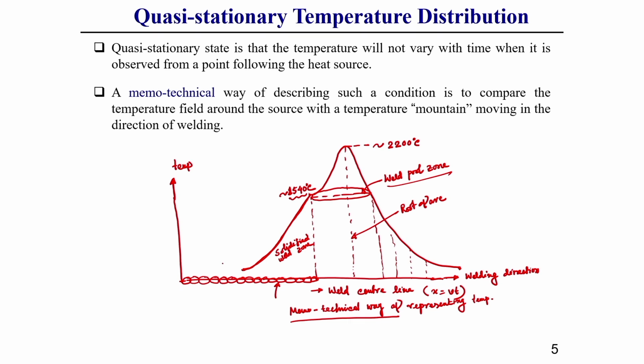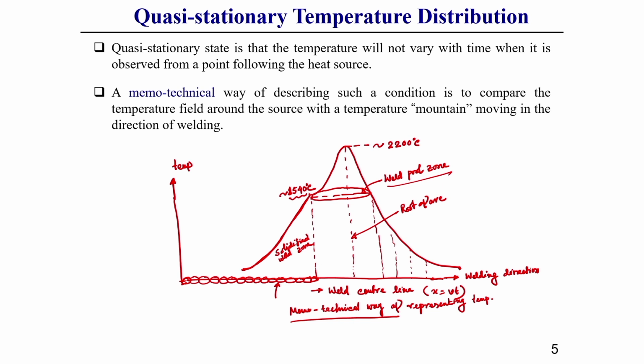That means along the weld line how the temperature is generally distributed. For every position we will find this type of mnemotechnical temperature mountain, which is generally moving along the weld line.